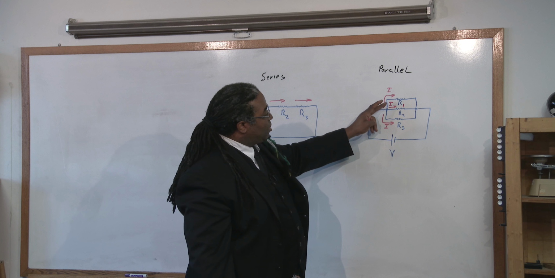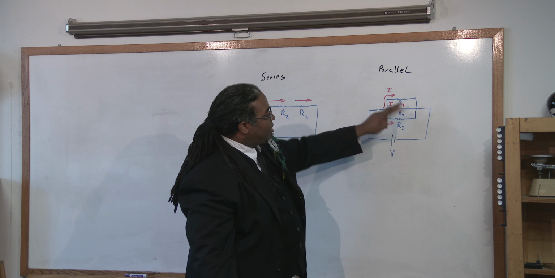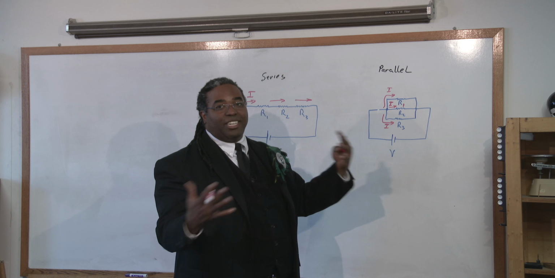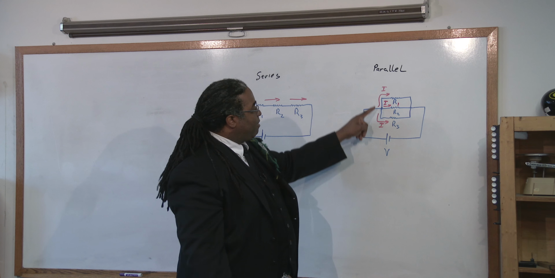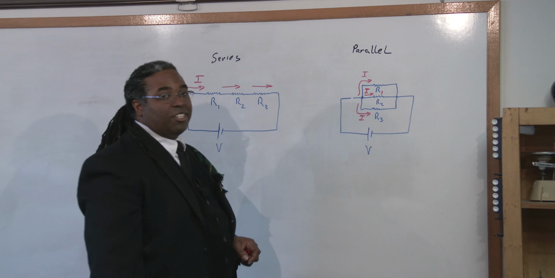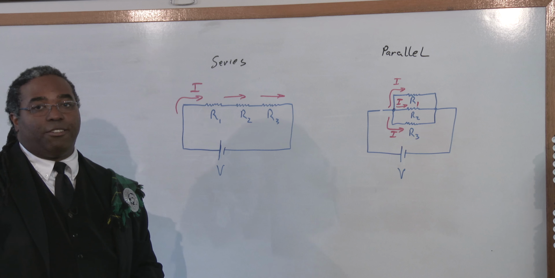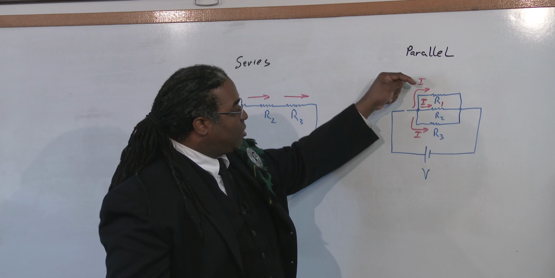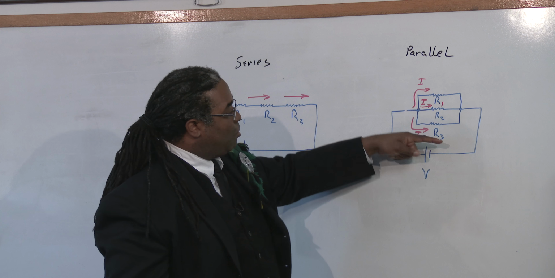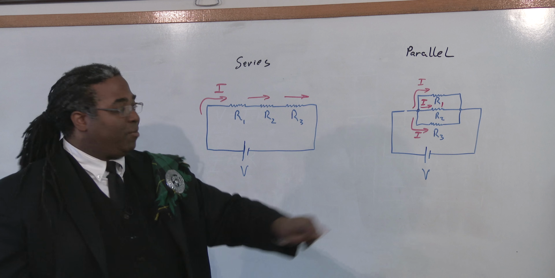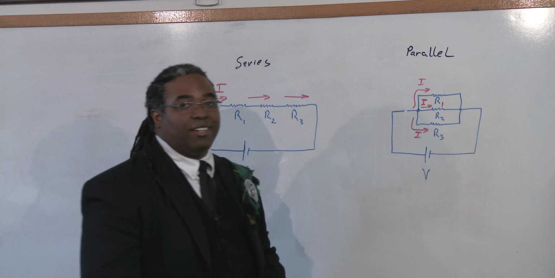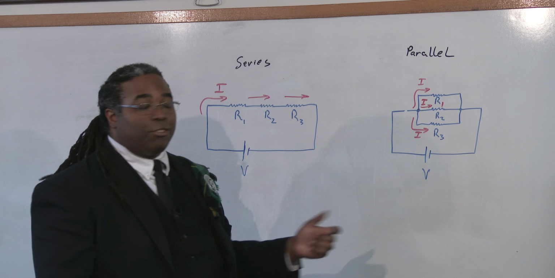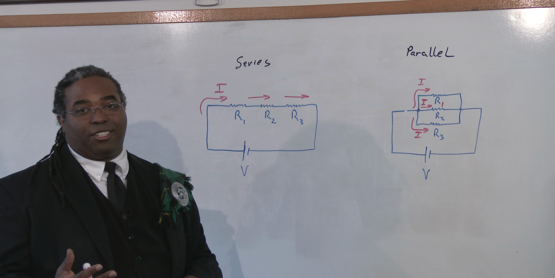So since each side of the resistor references the same junction, respective to each side, we can say that those 3 resistors are in parallel. They meet 2 conditions. 1, the current has an option in which direction it wants to flow. It could go through the first, the second, or the third. 2, each side of that resistor is in common with each other. So those are the conditions that you must meet for a parallel circuit.